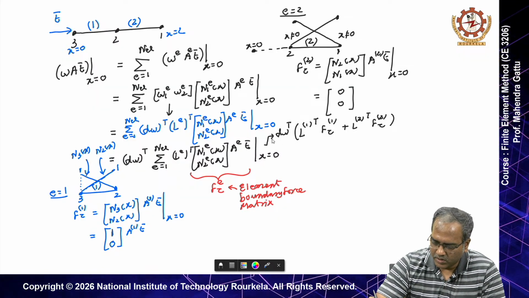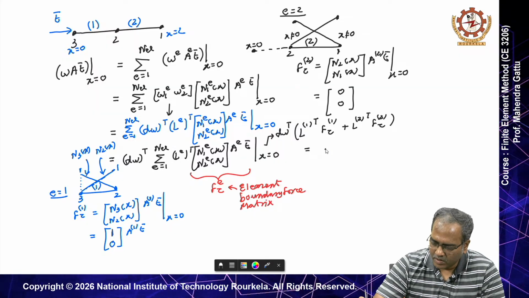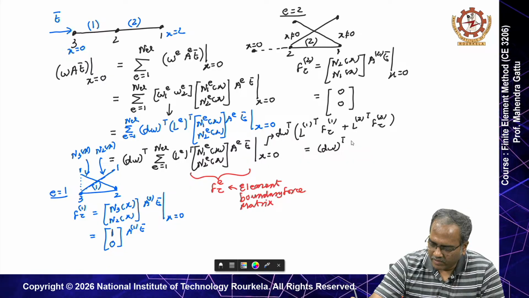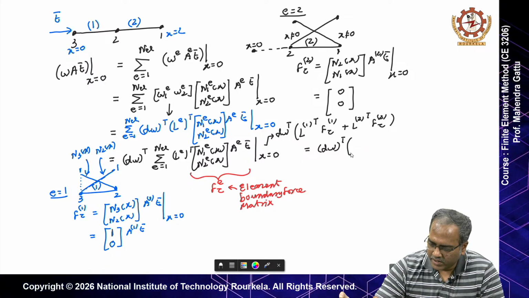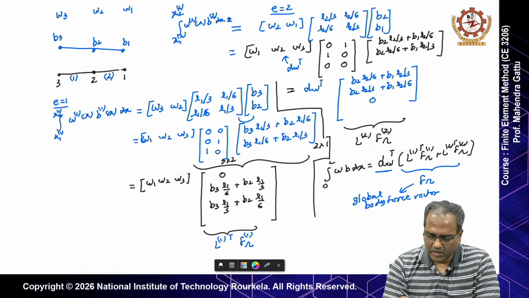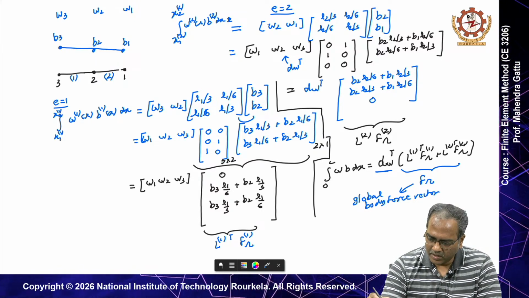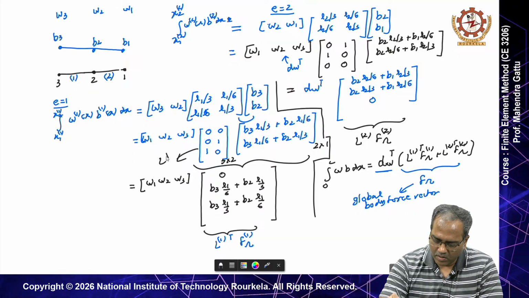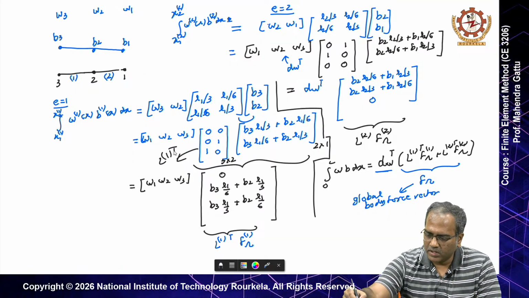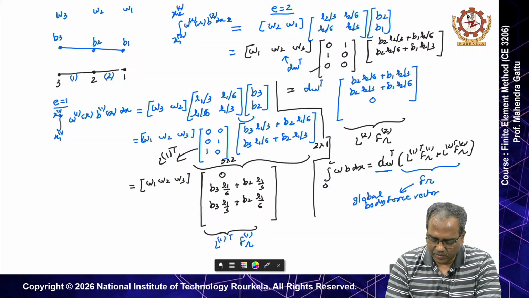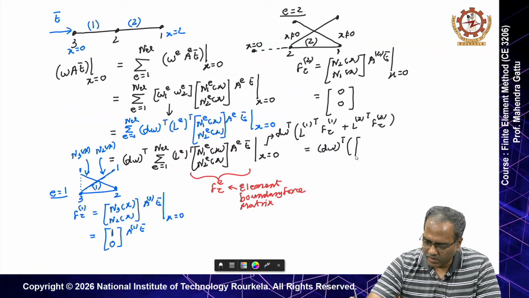So, dW transpose will be out, and L1 and L2 we have already evaluated in earlier slides. This is L1 transpose, and this is L2 transpose. Okay. So, we can just plug in there and see what will happen.